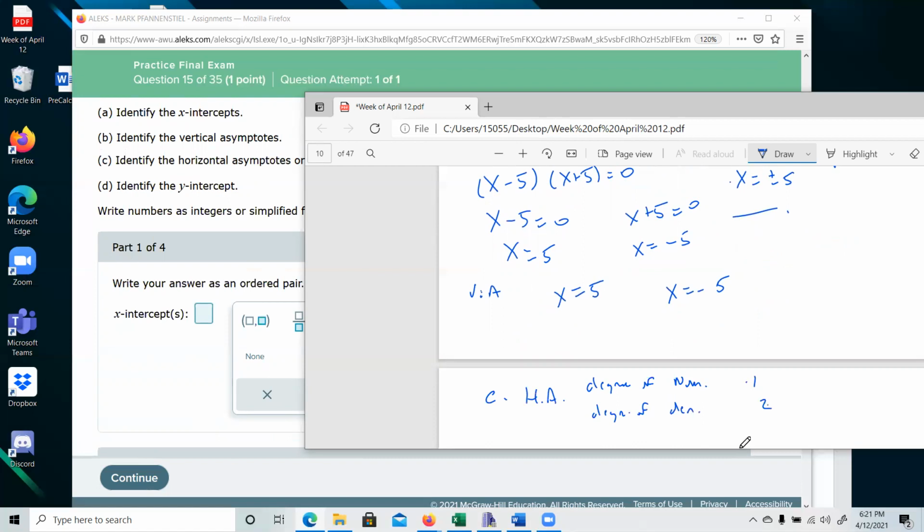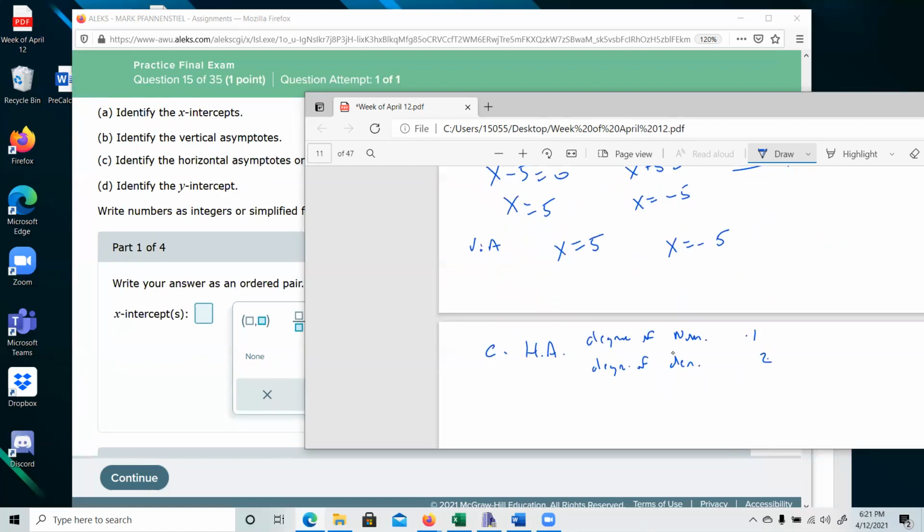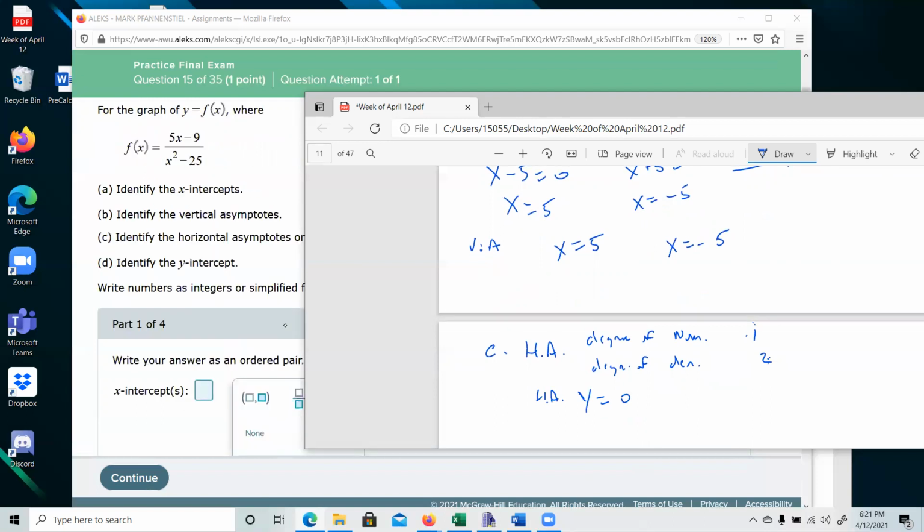The top has a smaller degree than the bottom, therefore the horizontal asymptote is y equals 0. If they were the same, we would take the ratio of the two coefficients, not the degree, the number in front of it. So in this case, if we had an x squared on the top, it would be 5 over 1.